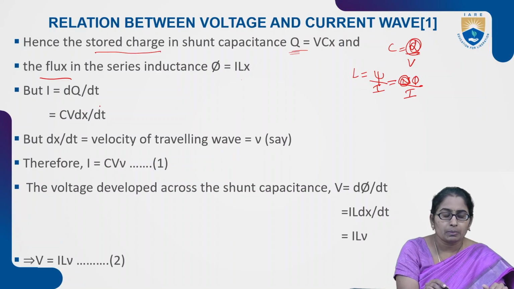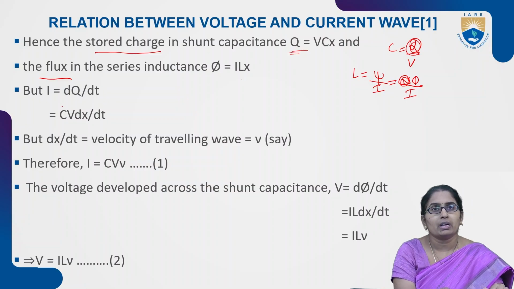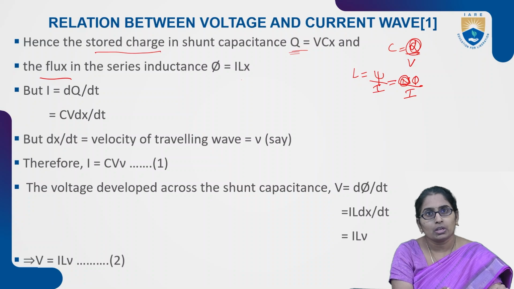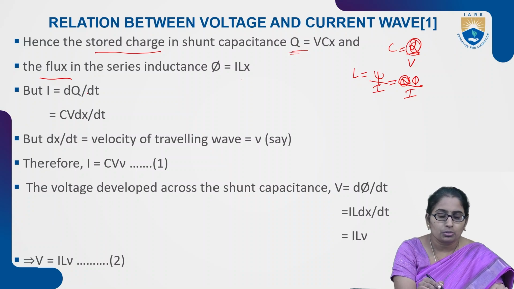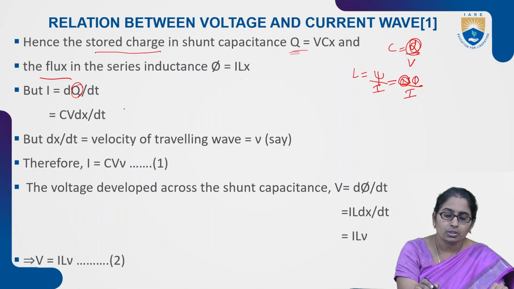Now from the definition of current, I is equal to dq by dt. Substituting for q, we know q is V into C into x. V and C are constant, so it becomes dx by dt.